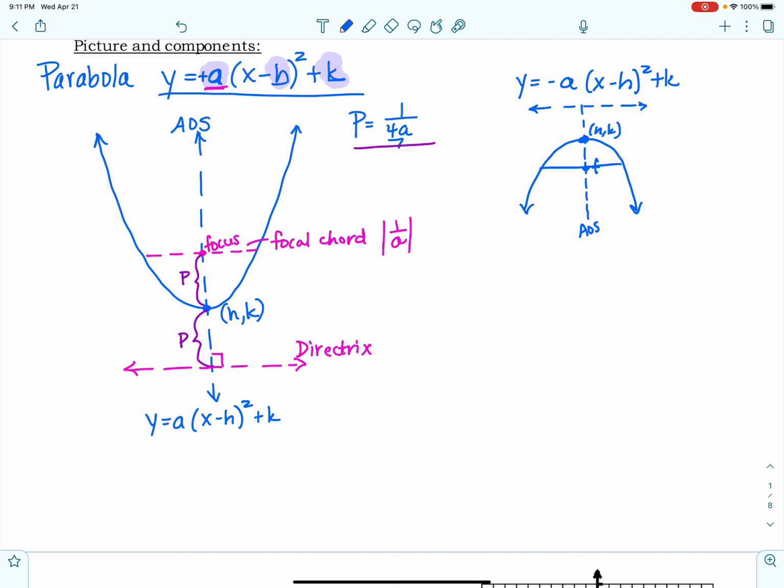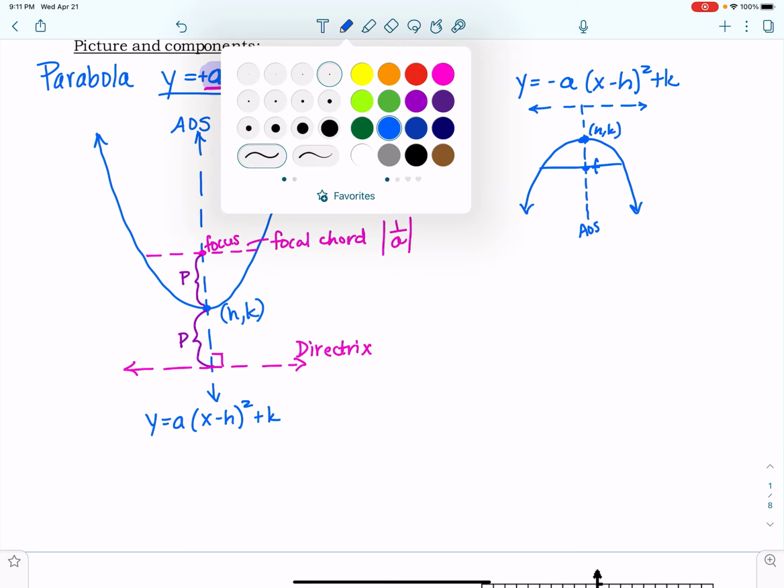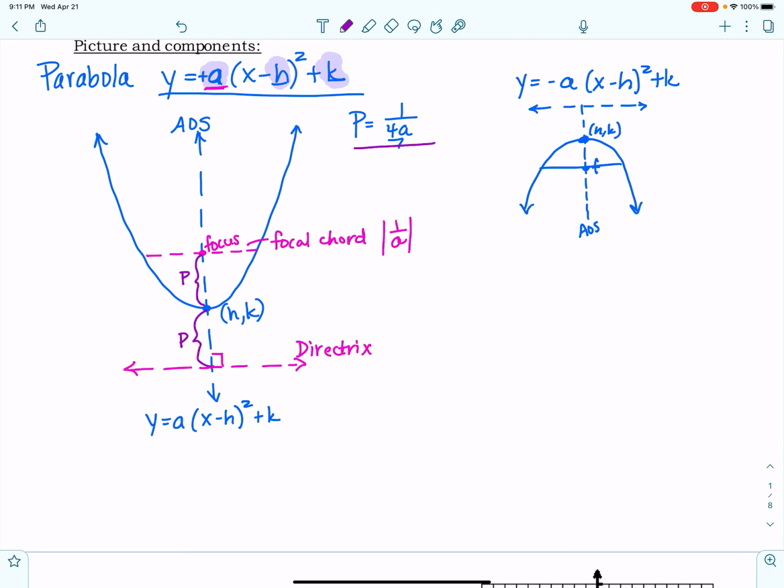All right, what about when my parabola can open up right or left? Okay, this is where things get fun. If you have a parabola equation that looks like this, there you go. a is positive, that means it's going to open to the right.